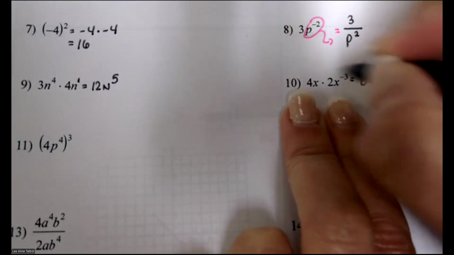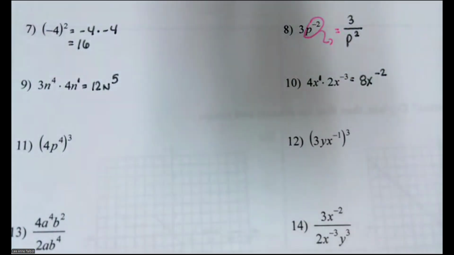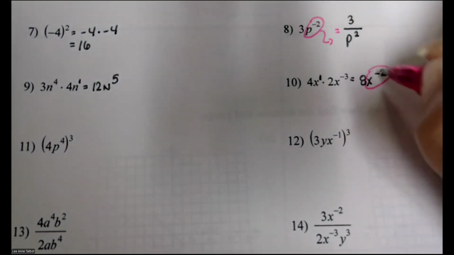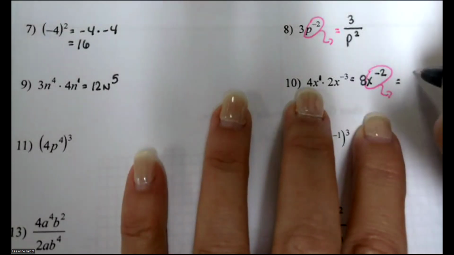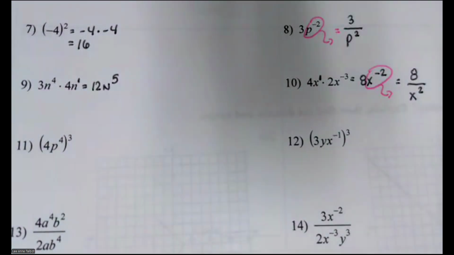Multiply the numbers, add the exponents. However, what happened? Beautiful. And remember the 8 stays on top. X to the negative 2 goes to the bottom and becomes x to the positive 2.